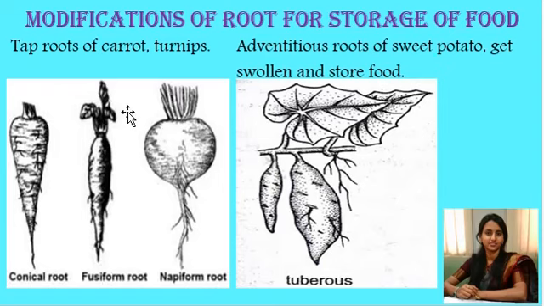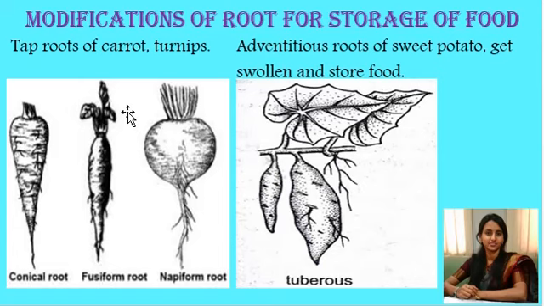In one of the videos we discussed three main types of root systems. One is the taproot system, the second is the fibrous root system, and the third is the adventitious root system. The taproots as well as adventitious roots get modified for the storage of food. Now let us see which taproots are modified for storage of food.